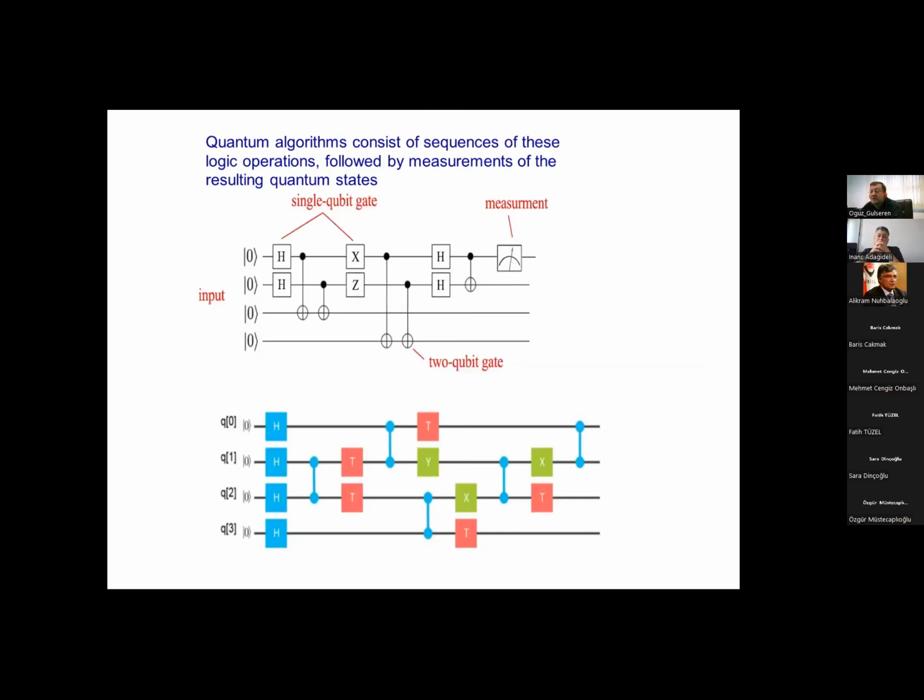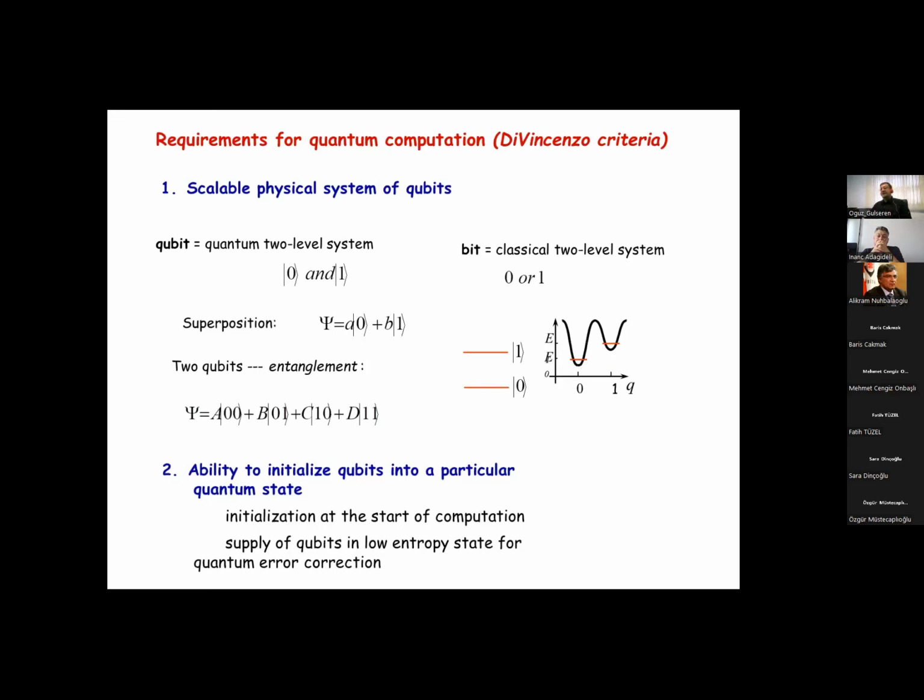And maybe I should say a few words as well. This is the so-called DiVincenzo criteria. These are his 5 statements, requirements for quantum computation, and actually 2 more for quantum information as well.